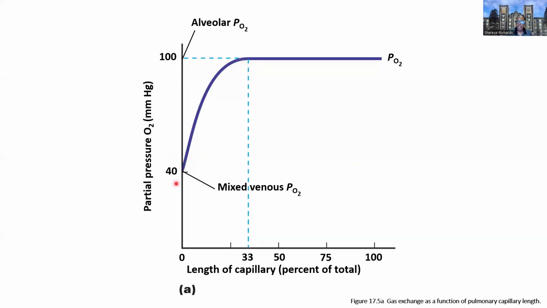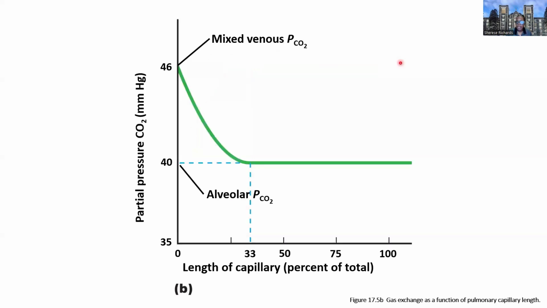So it goes from 40 millimeters of mercury to 100 millimeters of mercury. All the gas that can be moved has already moved when we're only at 33% of the length of that capillary. And now we have equilibrium. So the partial pressure here is the same as it is in the alveolus, and we no longer have a gradient for movement. So this levels off or flattens off for the rest of the length of the capillary.